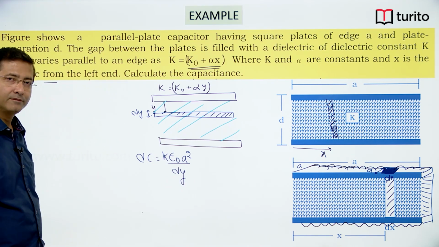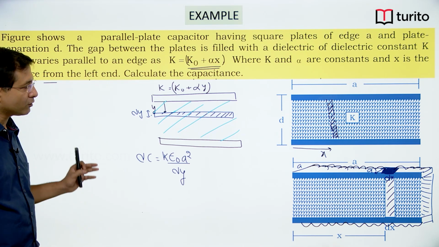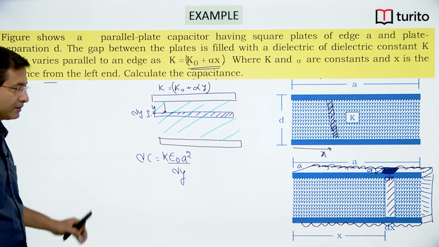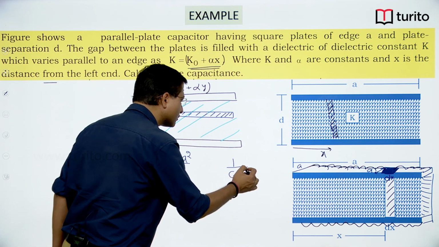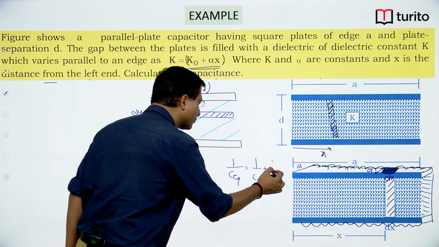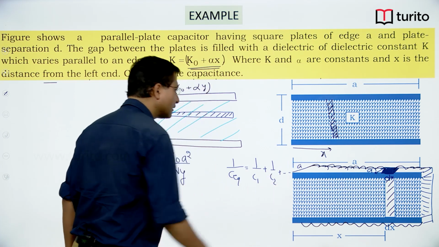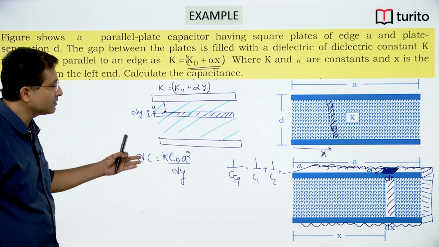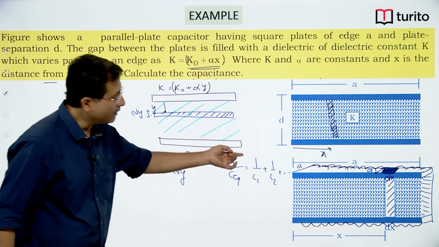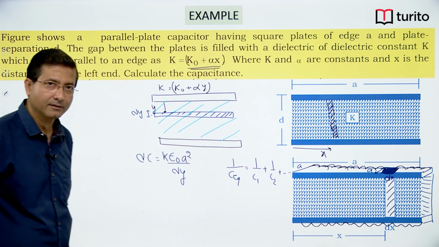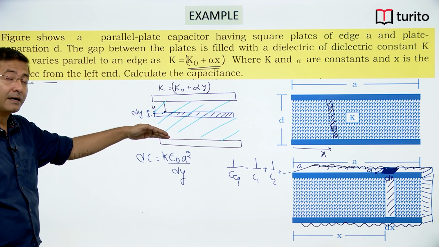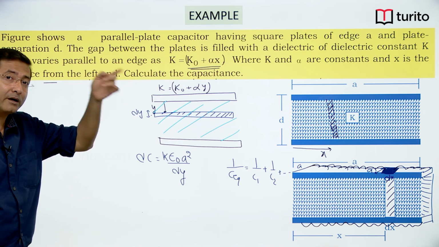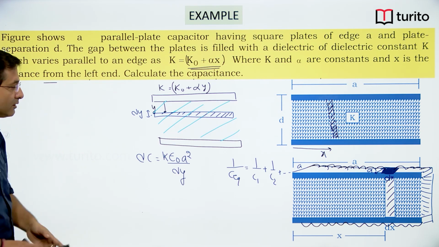This will be dC, and for series combination we know that 1 upon C equivalent is equal to 1 upon C1 plus 1 upon C2 like this. That means you have to get 1 upon dC and then you have to add. So, in this situation I have to integrate 1 upon dC to get C equivalent.